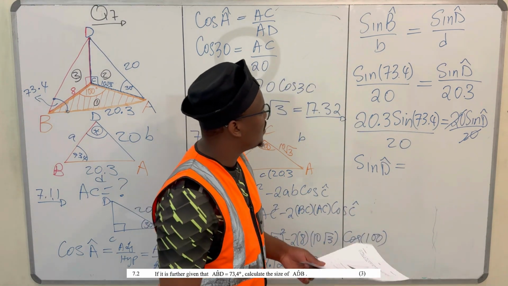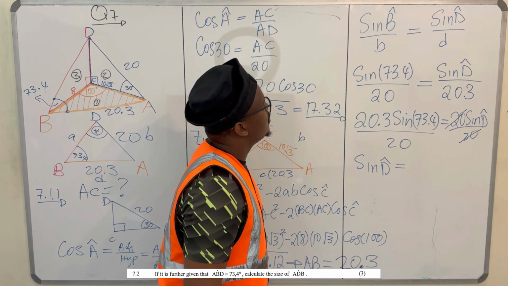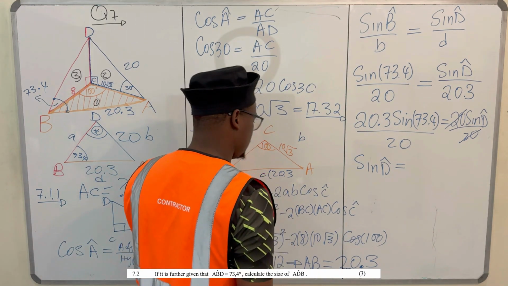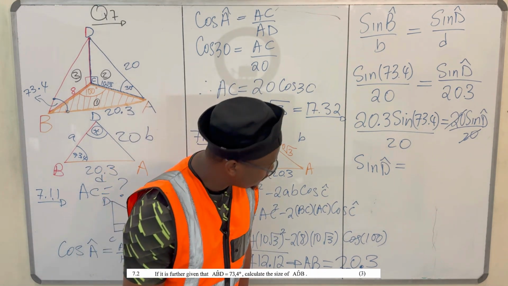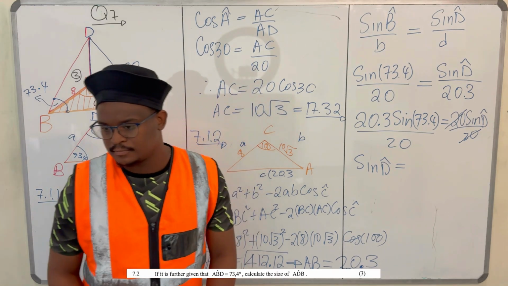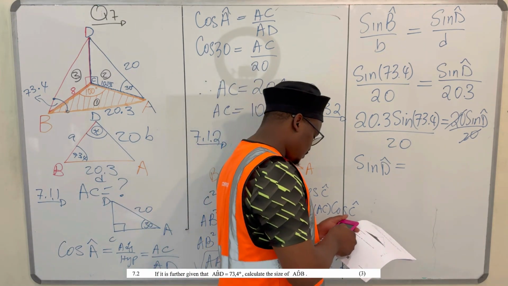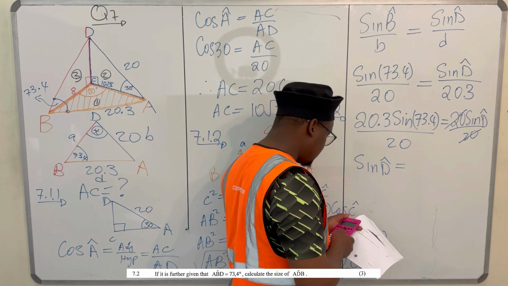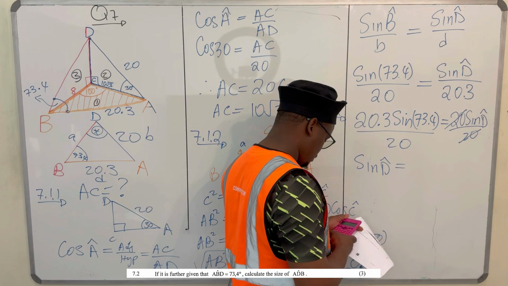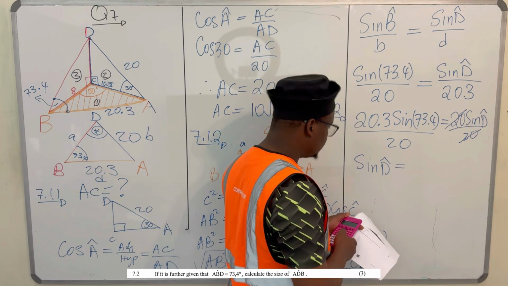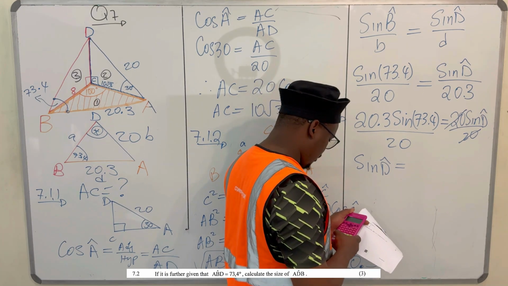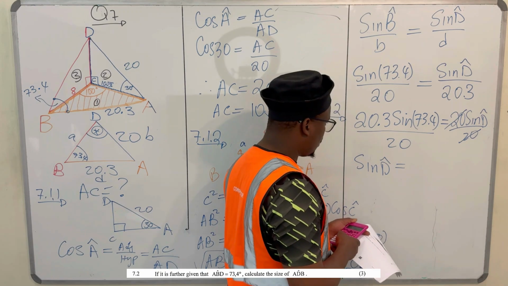So let's go and find the answer to that and see what we get. Where's the calculator? Oh, here it is. So 20.3 sine 73.4, all divided by 20.